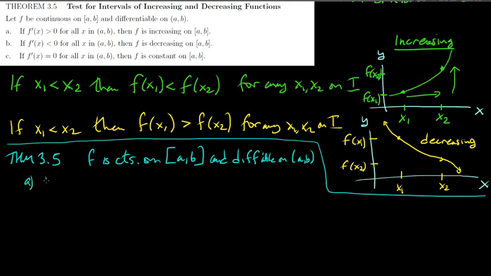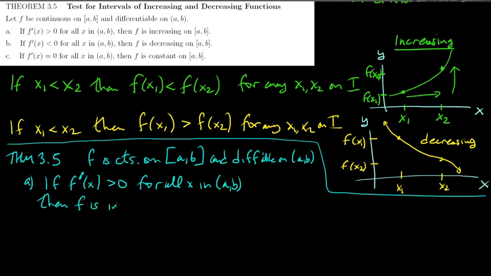Part A says that if the derivative of the function, f prime of x, is positive for all x in the open interval, then we know f is increasing, again on that specific interval.